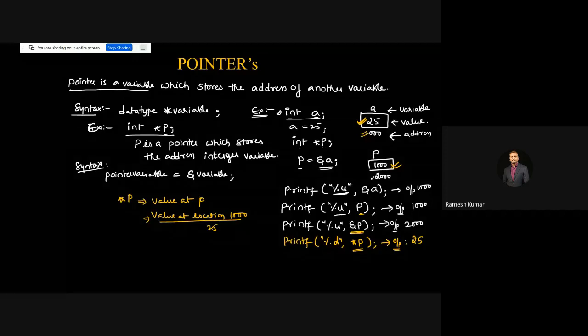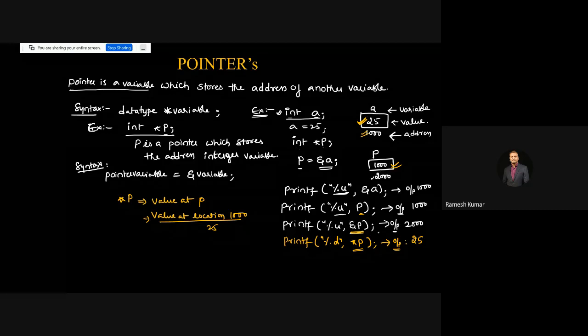That star before the pointer variable in expressions or print statements, except in declarations, will be treated as a value at operator. So using that value at operator, you can find the value in a particular location in the pointer so that you are able to get that value.